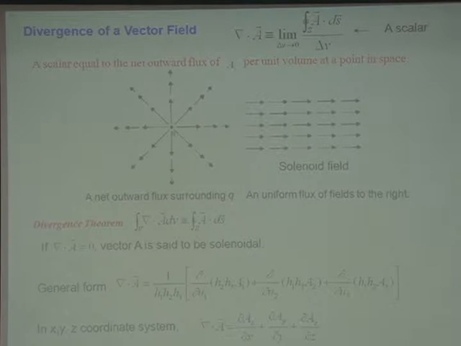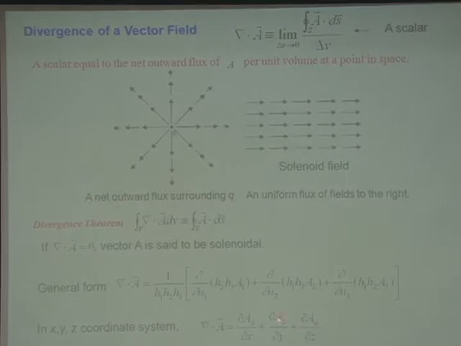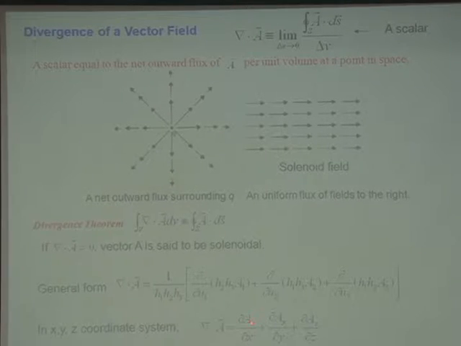Basically, you need to remember that the divergence of a vector is a scalar, alright? 所以这里已经没有向量了。Basically, it's a component of A, component of x of A. You take a partial derivative of it with respect to x, and then sum with the component of y of A, with partial derivative of it with the y. And then partial derivative of AZ with respect to Z, and sum them over to give you a scalar.